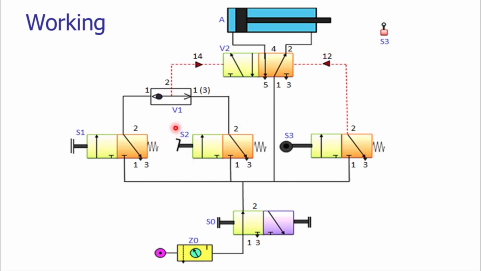Now if somebody wants to utilize the foot operated pedal valve, to utilize that valve we need to apply the mechanical energy here. So instead of using the push button, the foot pedal valve will be operated. When the valve is actuated by pressing the foot pedal, the same operation would be carried out.